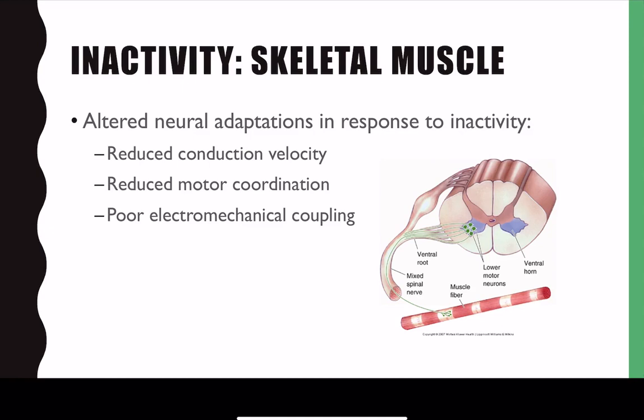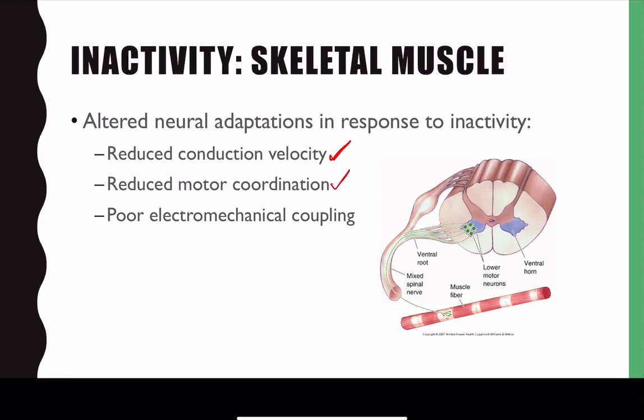The positive of the adaptation in skeletal muscle to strength training was how quick we can see an increased force because we have those neural adaptations. Well, inactivity is going to also alter the neural response. And with inactivity, you see reduced conduction velocity. The signal will not get there as fast.